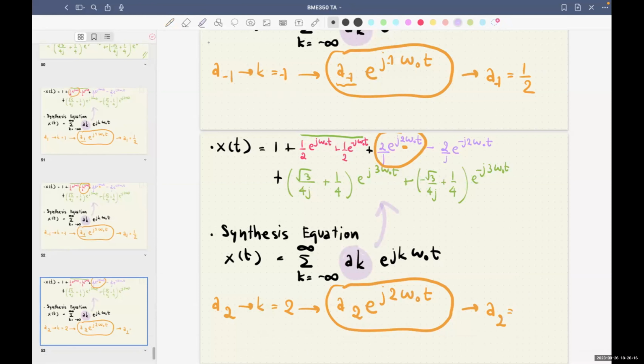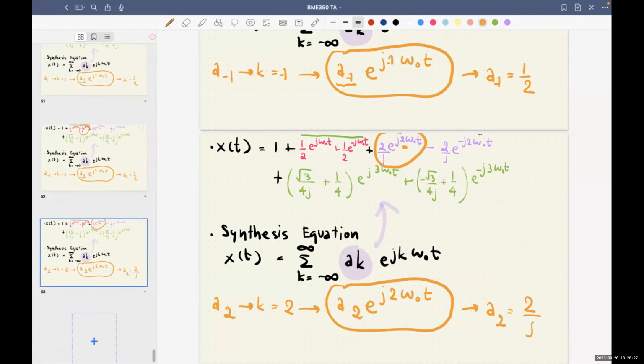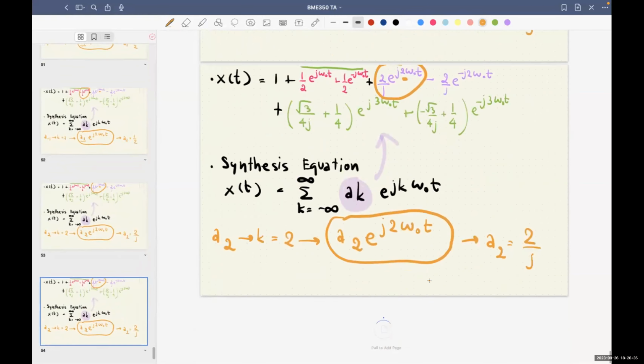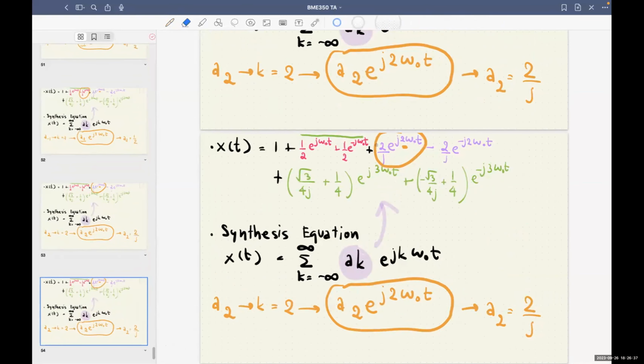Thank you, Isabella. It's 2 over j. Yes. So we got our a_2 as 2 over j. Great job. Let's move to the next term. This term, right? So for this term, what should my a be in this case?